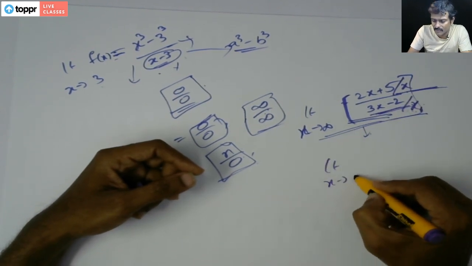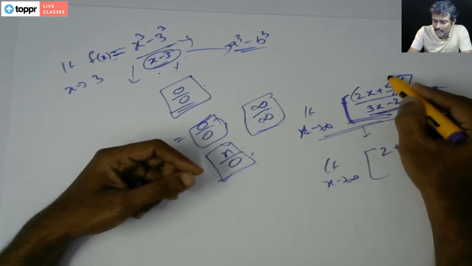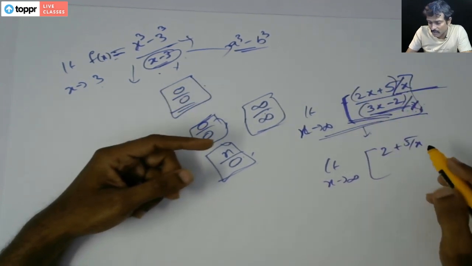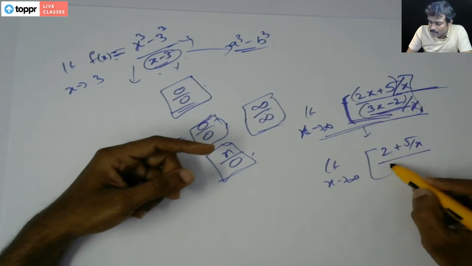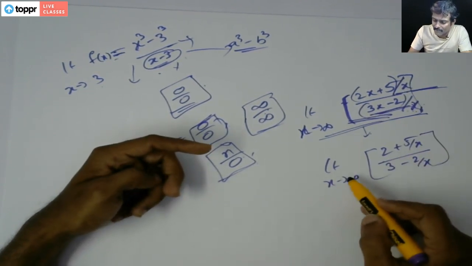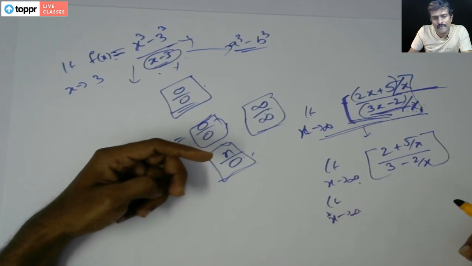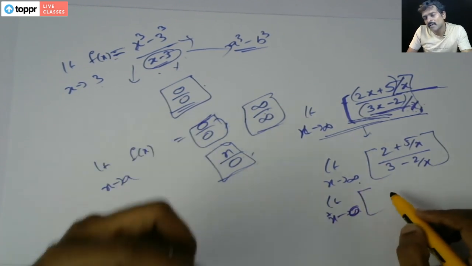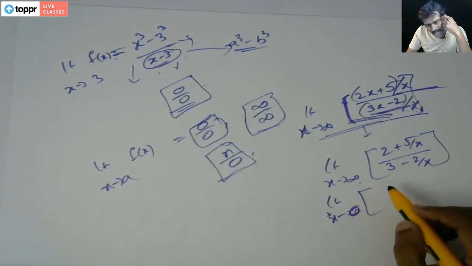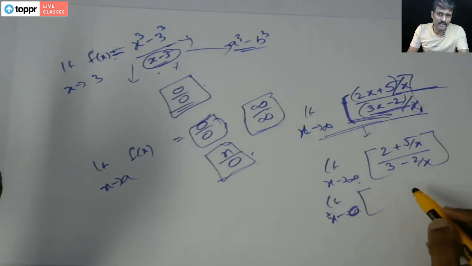Then limit x tends to infinity, it becomes (2 plus 5 by x) by (3 minus 2 by x). Why am I doing this? When x tends to infinity, we all know 1 by x tends to 0, because it is a fraction with the biggest denominator, which becomes 0.